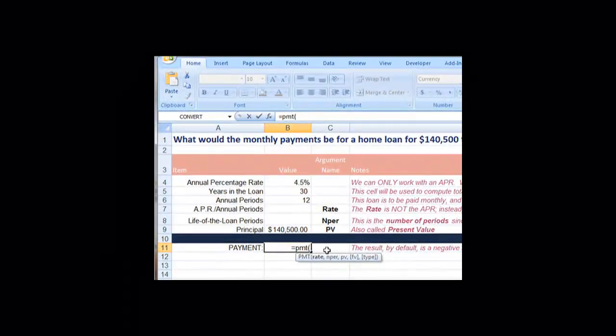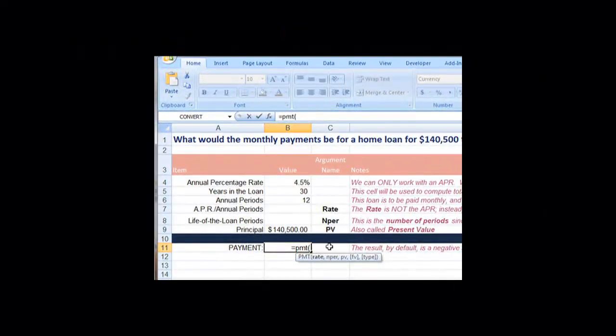So here we go. The rate is 4.5% divided by 12. 0.045 divided by 12. Now I'm going to type in a comma. Watch what happens down here with the prompt when I type in the comma. It changed, so the bold is NPER, the number of periods.